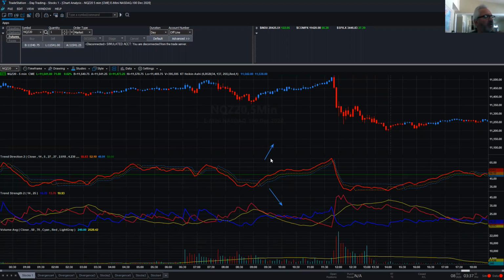We're still in the bullish, strong position, bullish direction. And then we now have a turn here and the market's starting to pull up.